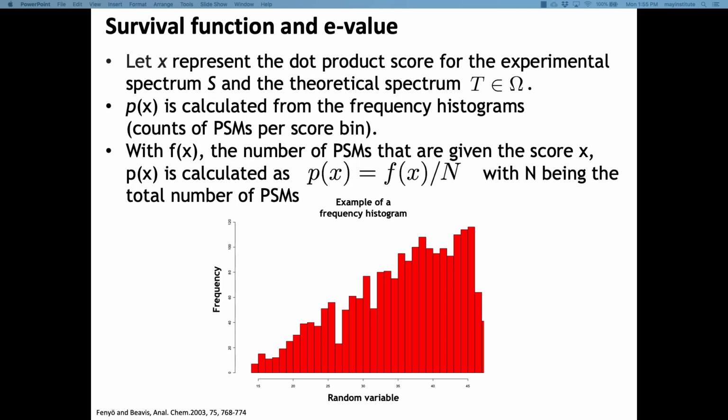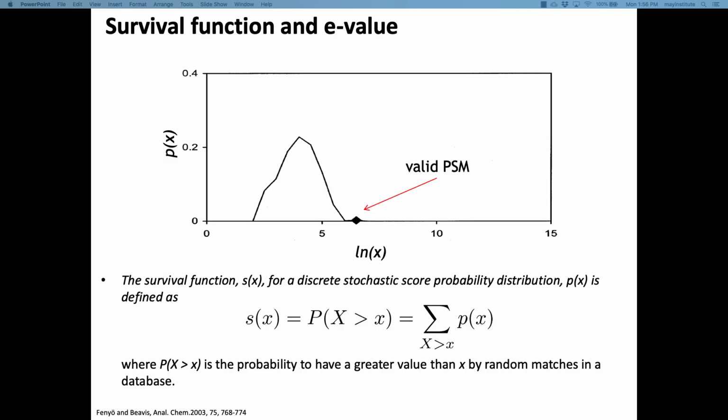Instead, we can look at what is the expected value of what we see, and we can look at the distribution of these scores. Now, what X!Tandem does is it asks the question, if I see a certain score, what is the probability to have a value greater than that created by random matches?